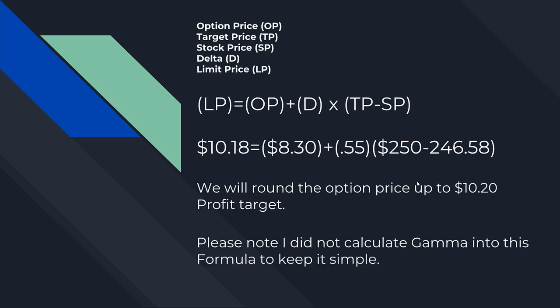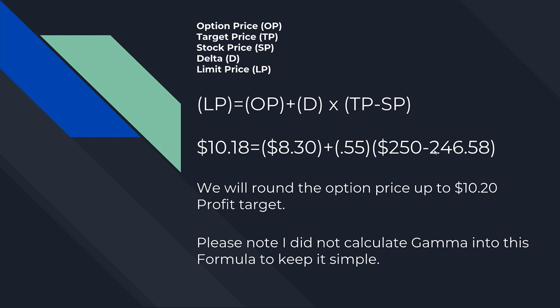Okay, so here's the formula again, and I figured out the actual numbers. The option price here is $8.30. Delta is 55 currently. Target price is 250, and stock price right now is 246.58.